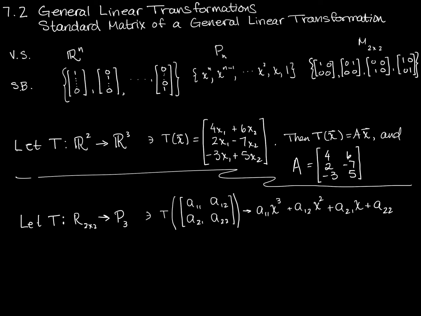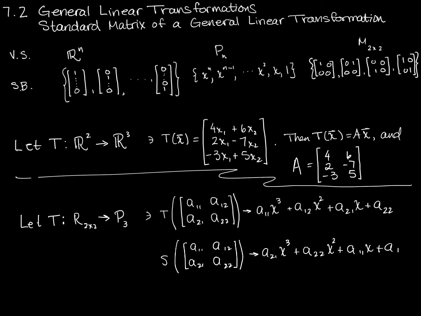Now, a different transformation, for example, let's call it S, might take the same matrix and transform it into P3 space by making a21 the coefficient of x cubed, and a22 the coefficient of x squared, and a11 the coefficient of x, for example.